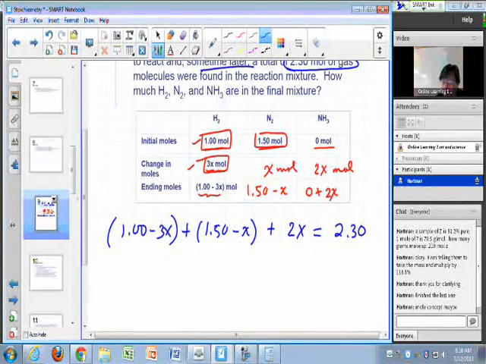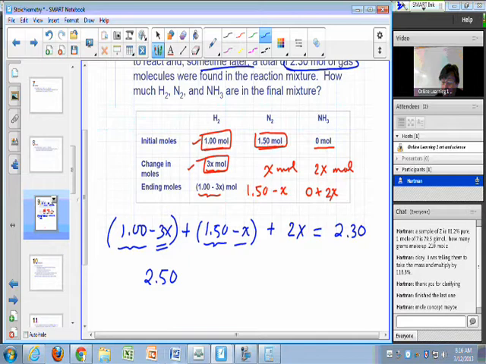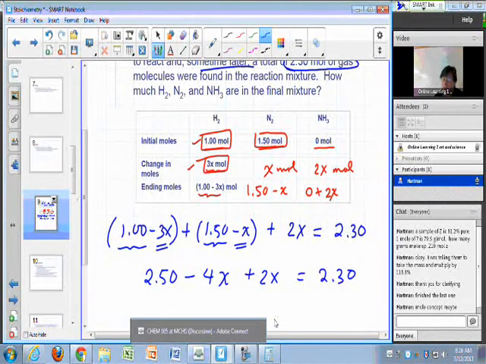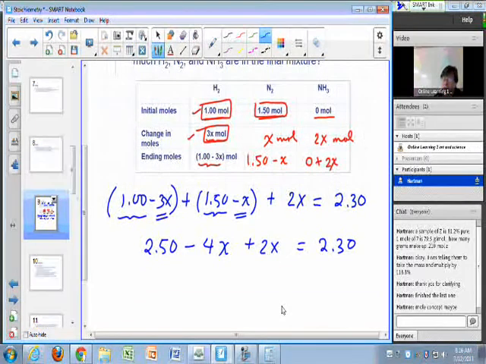Let's combine this. This is going to be 1 plus 1.5. That was the problem I had earlier. I put 3.5 there. That should only be 2.5. Then negative x and negative 3x is negative 4x, plus 2x is equal to 2.30. So you have to be careful with your algebra here.